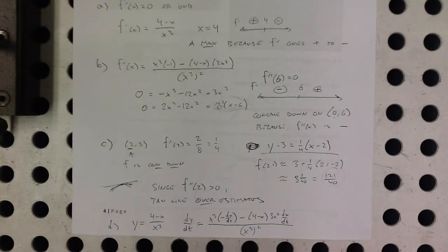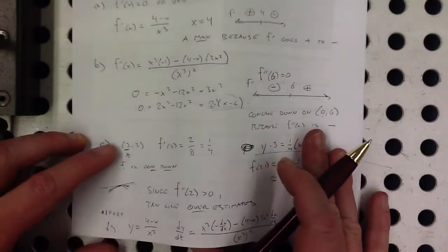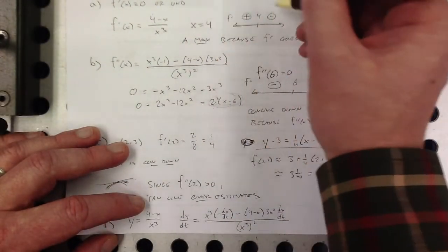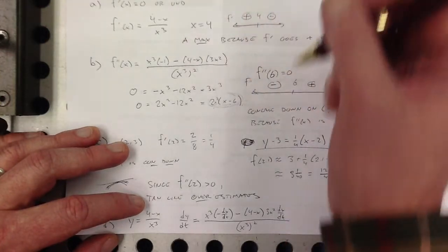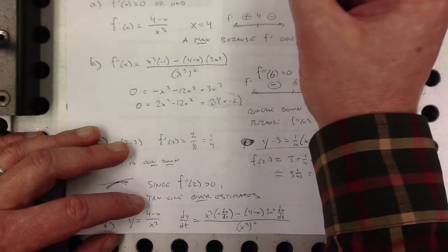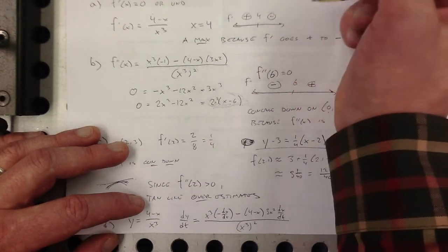Okay, so there's a couple things to think about here. I need to find dy dt, right? I know what dx dt is. Dx dt is 2, and that's the rate of change in the horizontal direction.